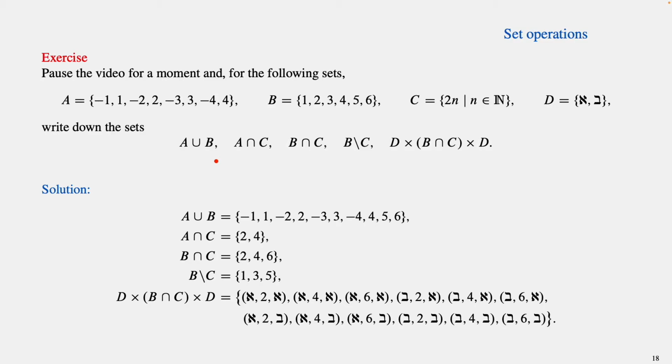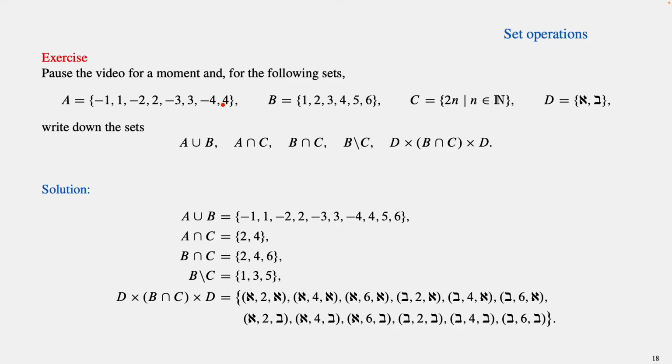For the union of A and B, well, we have all the elements of A and all the elements of B. We don't take any of them twice, so the elements 1, 2, 3, 4 of B already appear in A, so we don't have to take them twice, but the elements 5 and 6 do not appear in A, so we have the elements of A and the two elements 5, 6 of B that do not appear in A. Then we have the intersection of A and C, so A, these numbers, and C, the even, not integers, natural numbers, so we do not take negative numbers here.